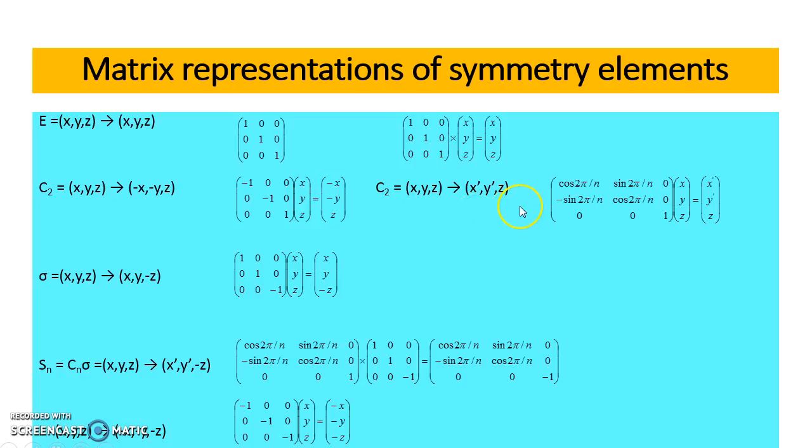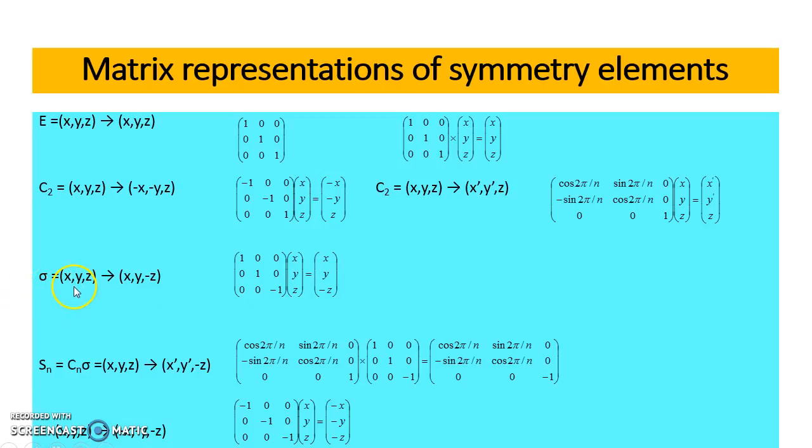To generalize a rotation about any degree, the matrix can be written as this, which will have cos 2 pi by n, sin 2 pi by n, 0, minus sin 2 pi by n, cos 2 pi by n, 0, 0, 0, 1 as the elements of the 3 by 3 matrix.